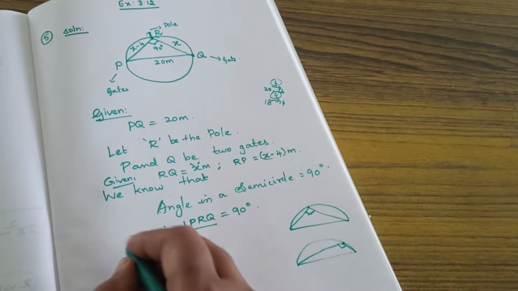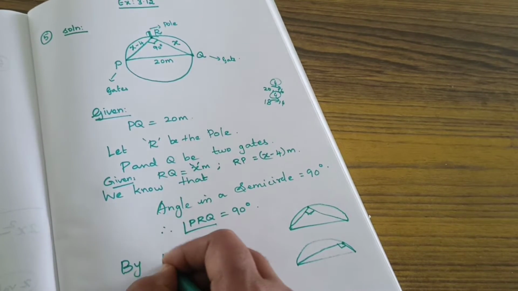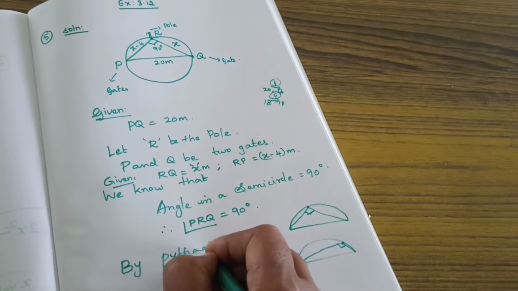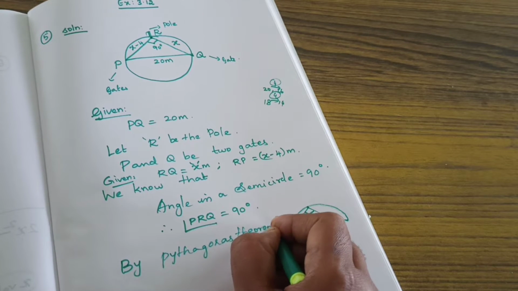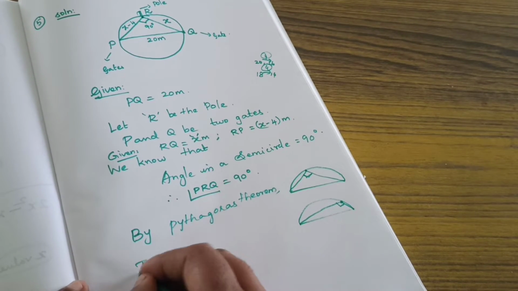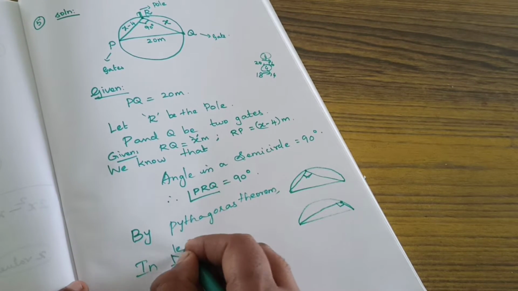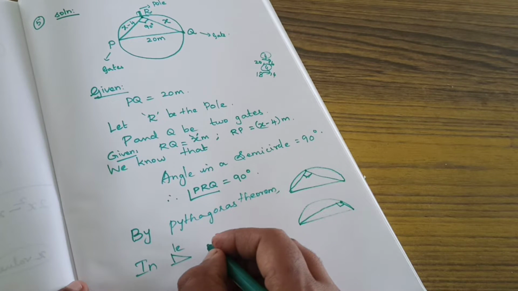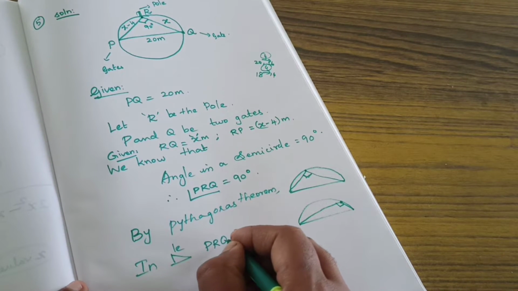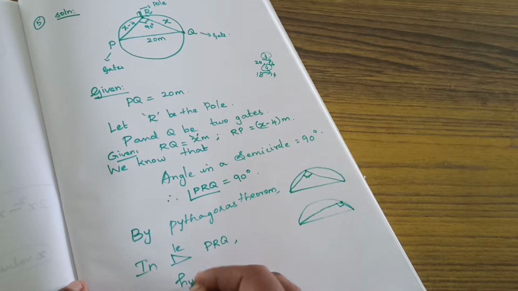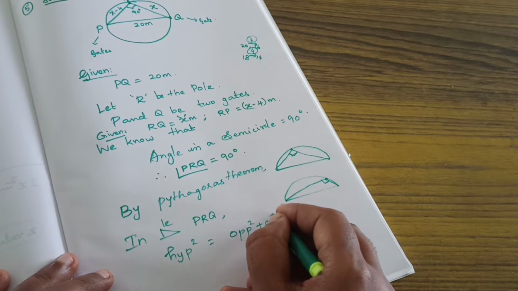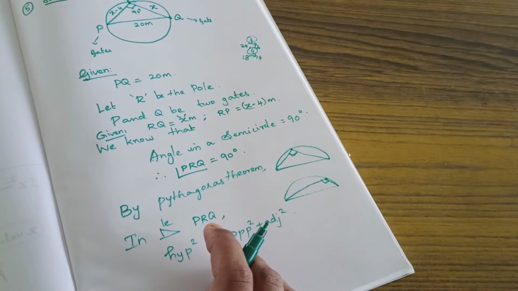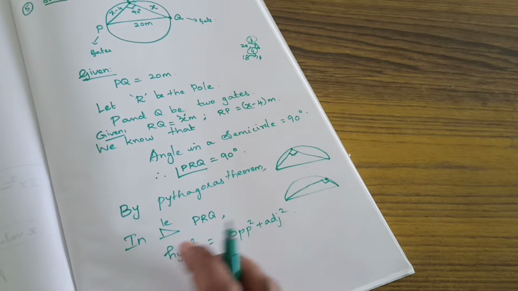Got it? Now, by Pythagoras theorem, there is a unique theorem, Pythagoras theorem. In a right angle triangle, which is the right angle triangle here? PRQ. Hypotenuse square is equal to opposite square plus adjacent square, the sum of the squares of the other two sides. So here, what is the hypotenuse?